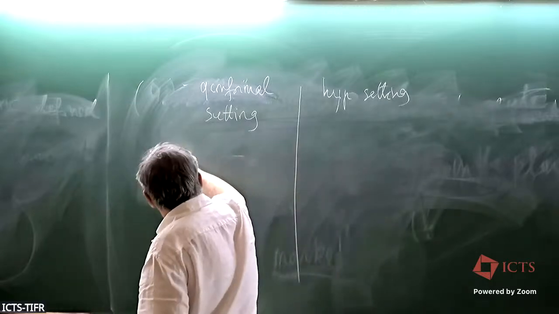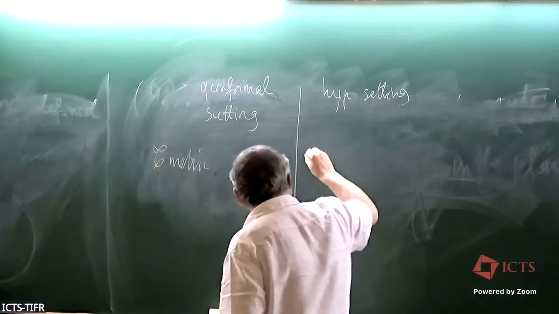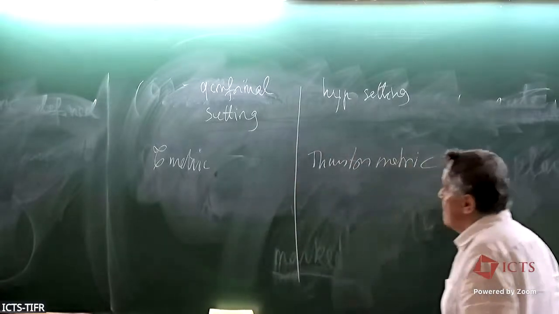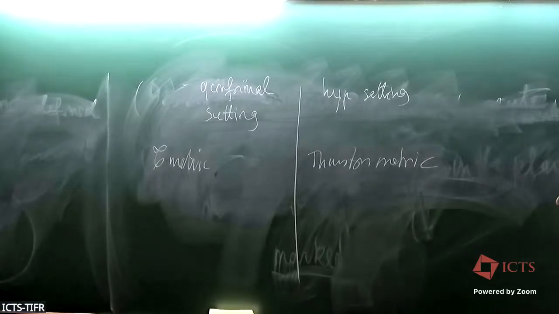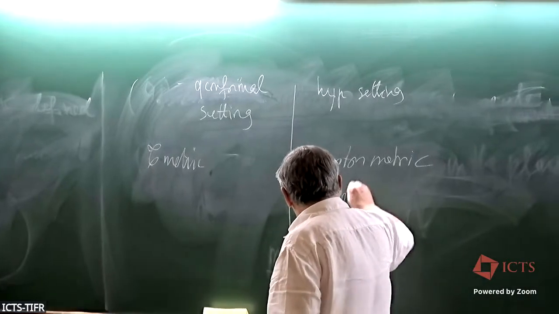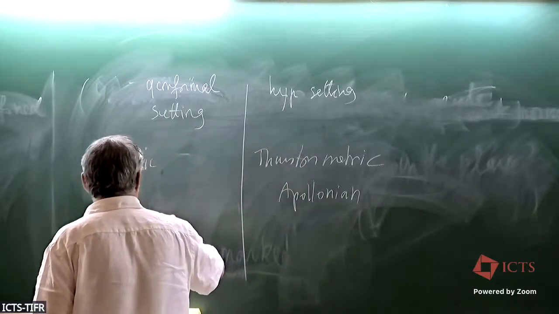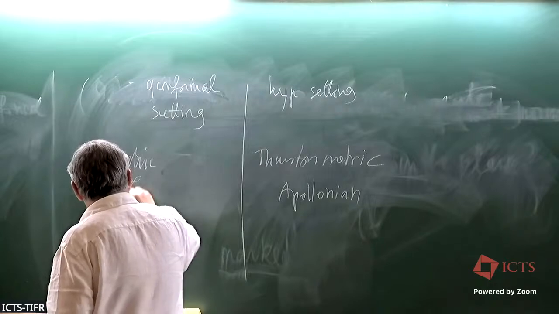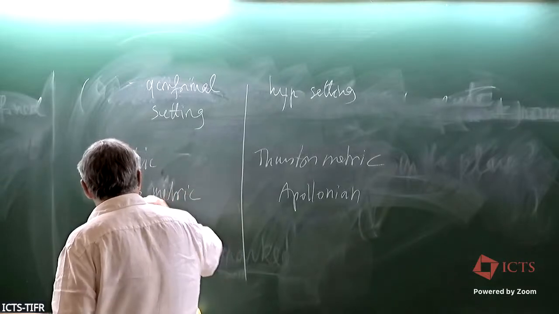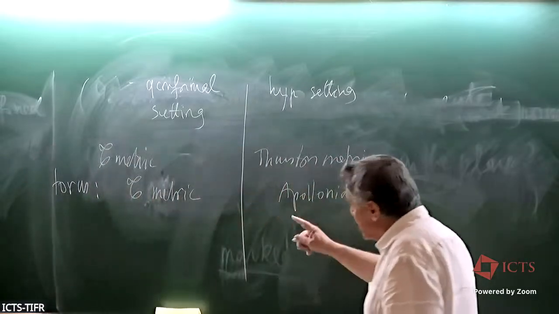So here you have, of course, the Teichmüller metric, and here we are talking about the Thurston metric. So in the case of the torus, this is Apollonian, and this is the Teichmüller metric. So this is in the case of the torus. And they share the same geodesic.